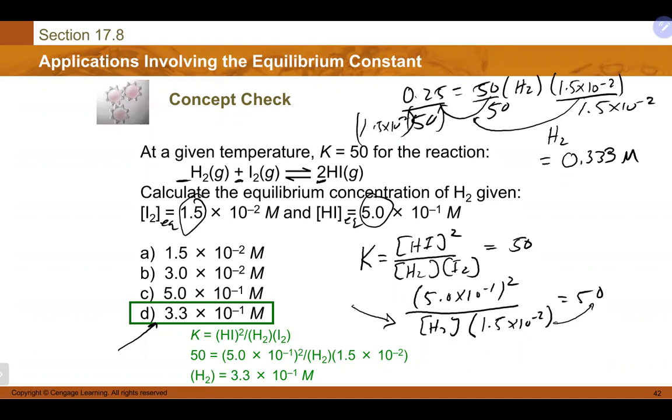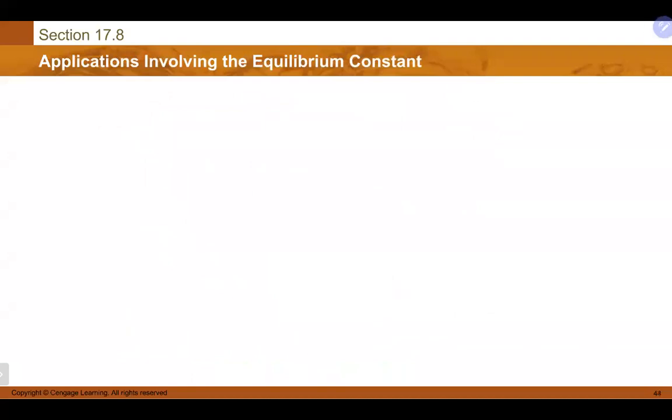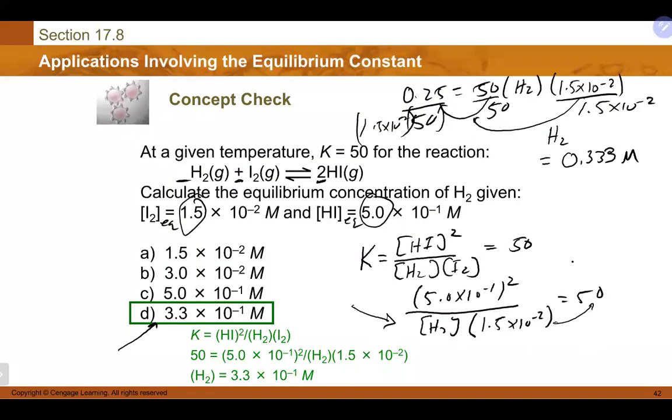So this is a case where you do know the equilibrium constant, and you do have some equilibrium concentrations, which will allow you to calculate a missing equilibrium concentration. First off, any questions on that? Now, you also can have a situation where you are given not equilibrium concentrations, but the initial concentrations, and what you want to do is figure out the equilibrium concentrations of everybody.